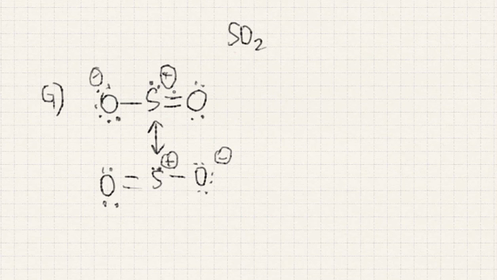So let's look at how many electron-rich regions are there around sulfur. So there's 1, 2, 3. 3 electron-rich regions. Remember that the pi bonds, those don't count as 2. There's actually just 1 electron-rich region.